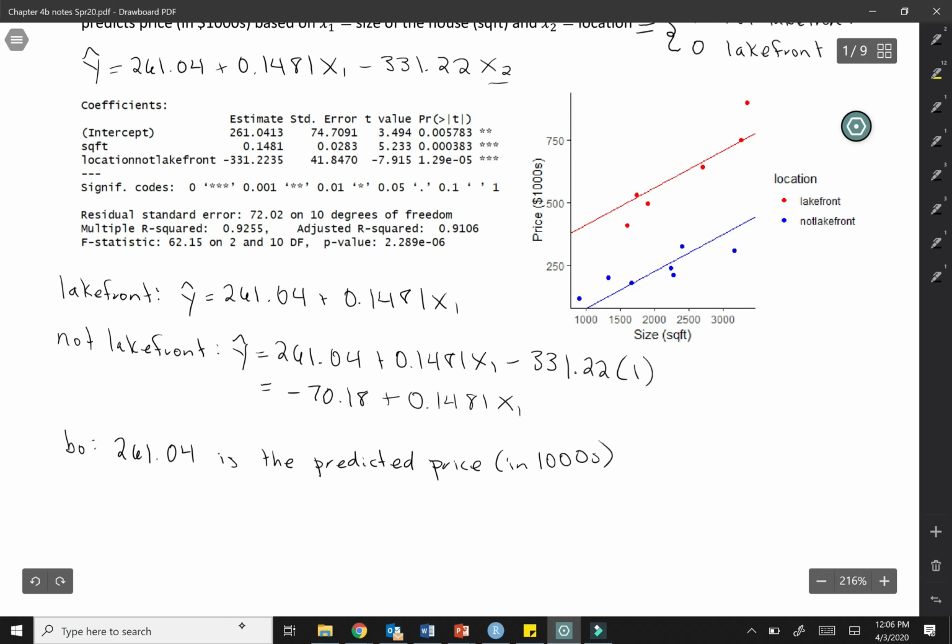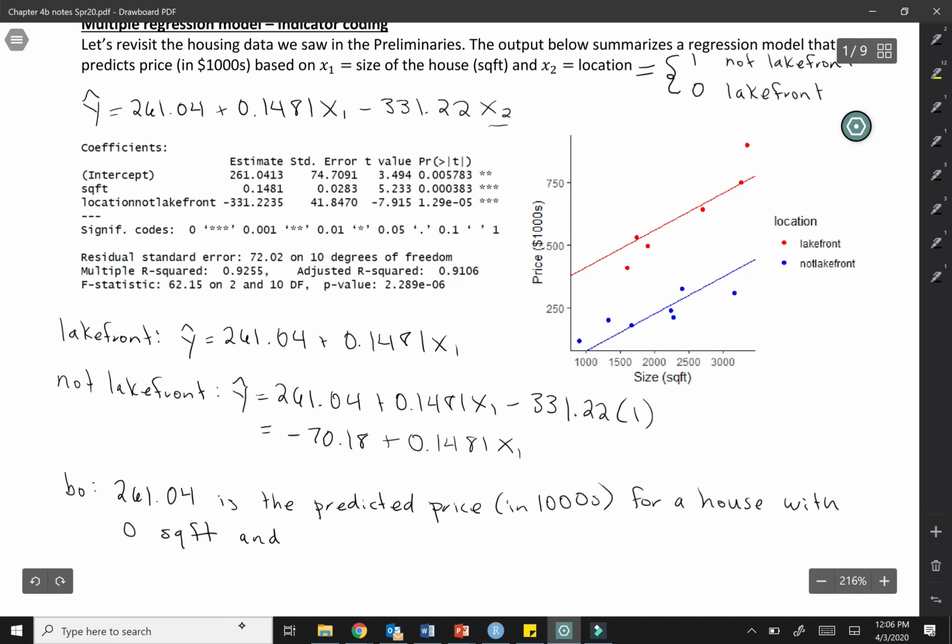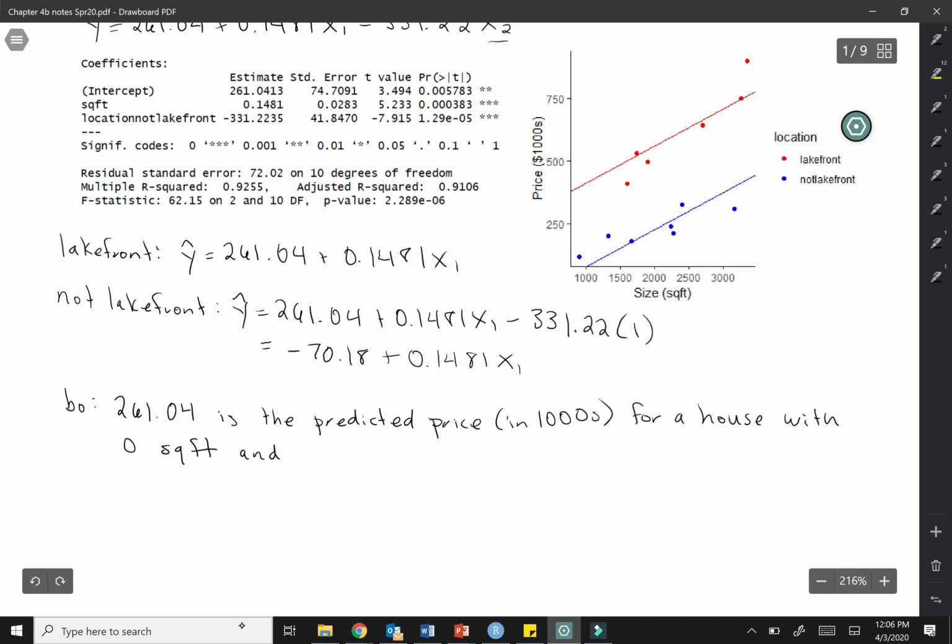The predicted price in thousands for a house with 0 square feet, so obviously that's conceptually problematic, with 0 square feet. And what does 0 indicate in terms of location? It means that it would be on the lakefront.